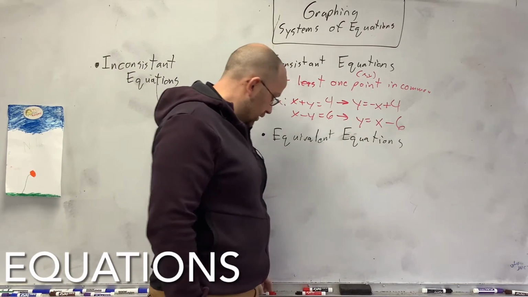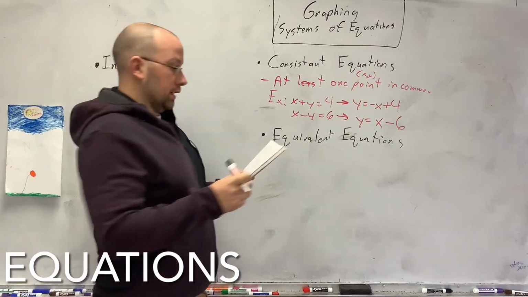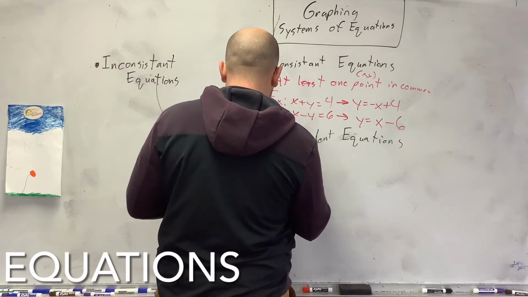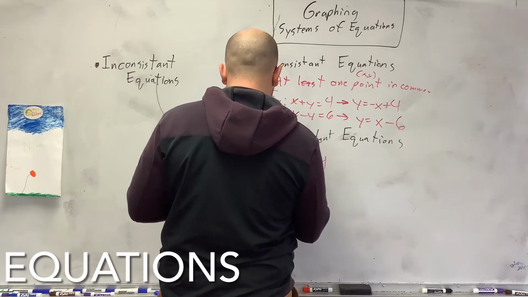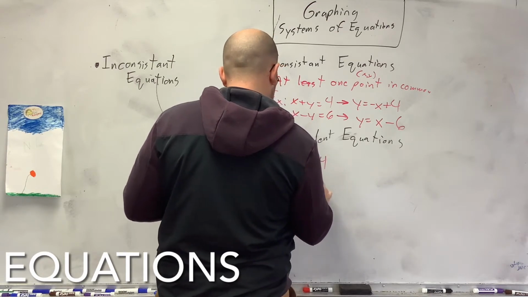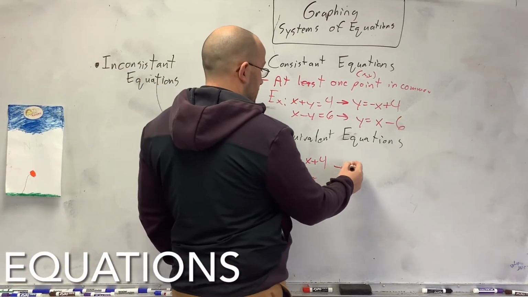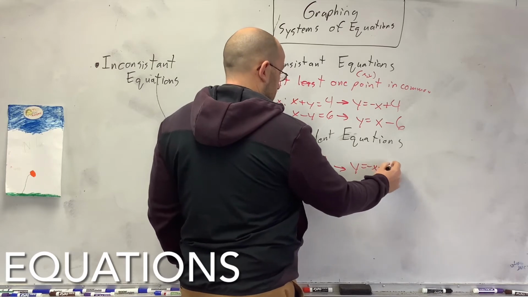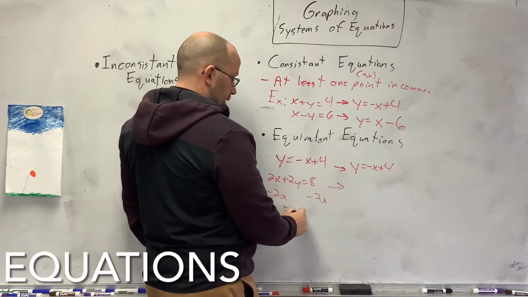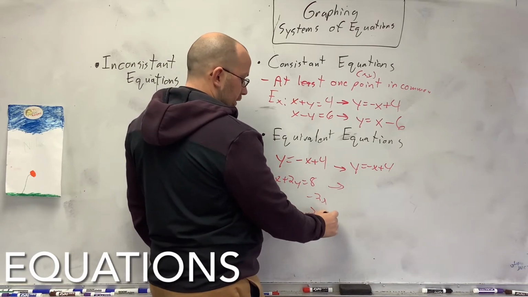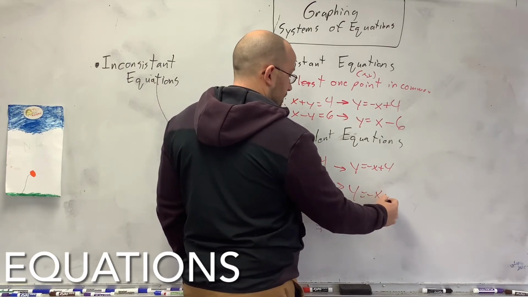An equivalent equation is when you have something like y equals... Alright, you have to switch to the slope-intercept form to see it. So when you switch this, and you switch it by basically solving for the y, you get y equals negative x plus 4.